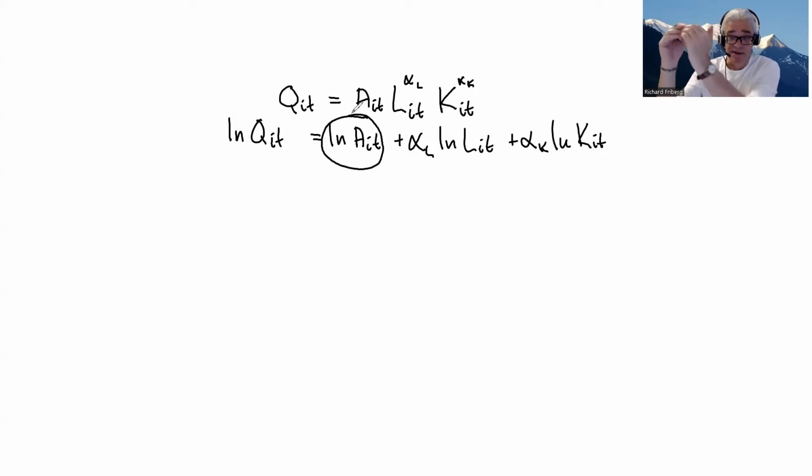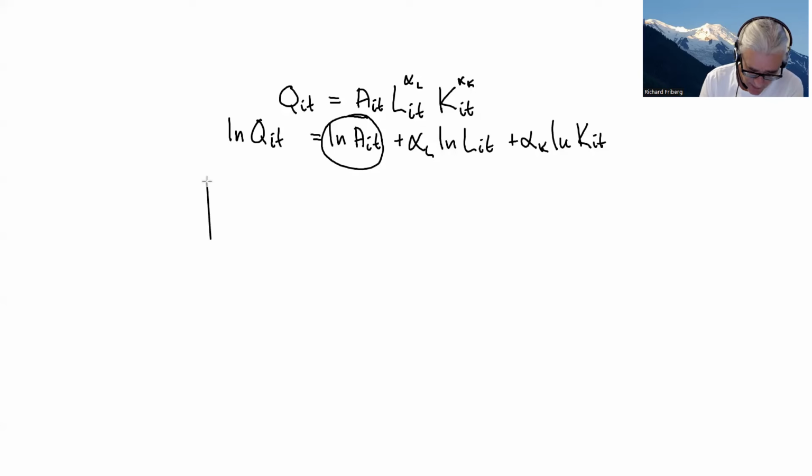Okay, but what interests us now is this term, the total factor productivity. So, if this term is high, it's an efficient firm, something that produces a lot of output for given inputs, whereas if it's low, it's a less efficient firm or inefficient. Okay, so we could be interested in how this distribution looks, say, across countries.